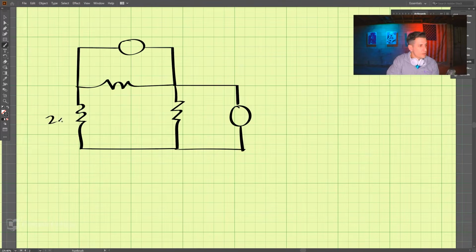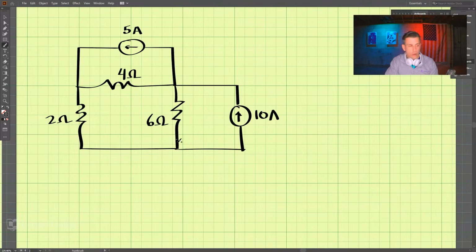So this resistor is 2 ohms. This resistor is 6 ohms. This resistor is 4 ohms. And this is a current source. And the current source is 5 amps. And this is a current source. And this is 10 amps.